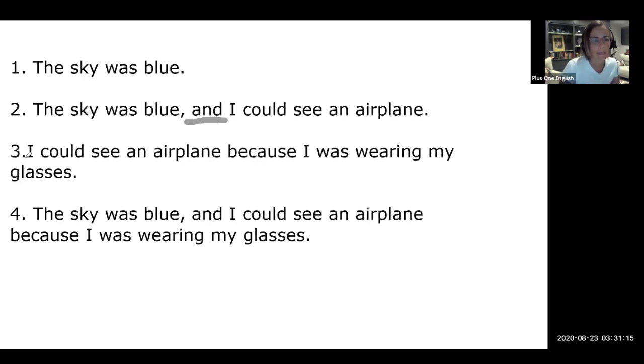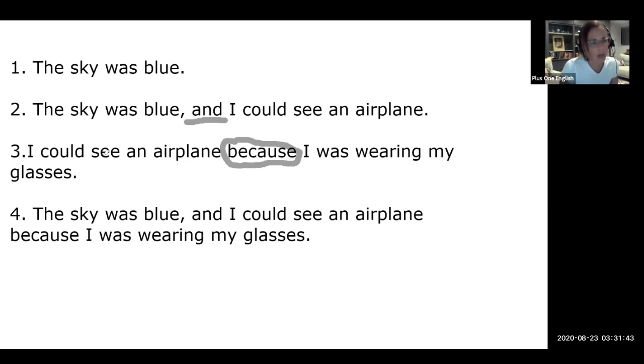Number 3, I could see an airplane because I was wearing my glasses. I could see an airplane, a complete sentence, because I was wearing my glasses. Well, we know that because is a subordinating conjunction. So we know that this sentence has a dependent or a baby clause and an independent clause.